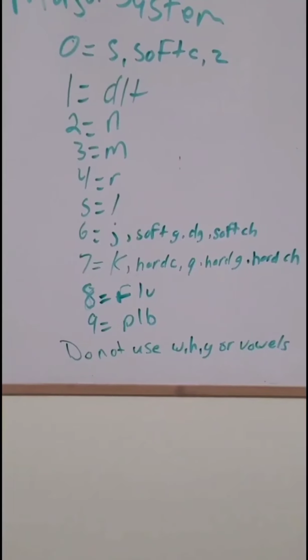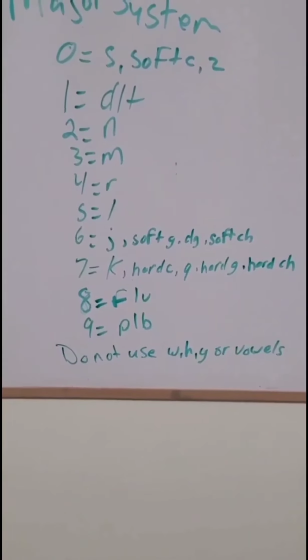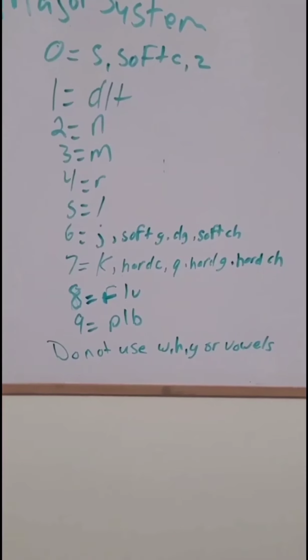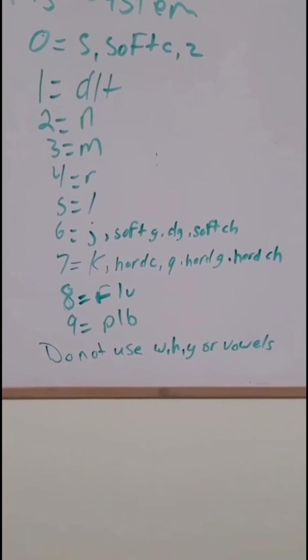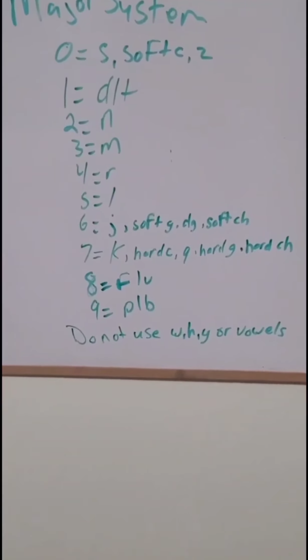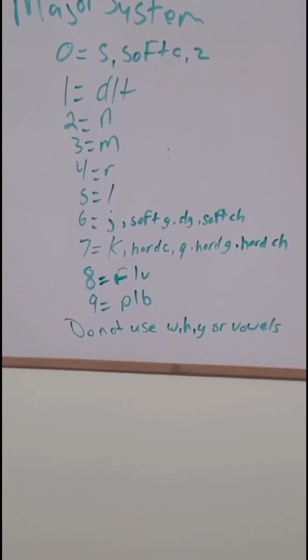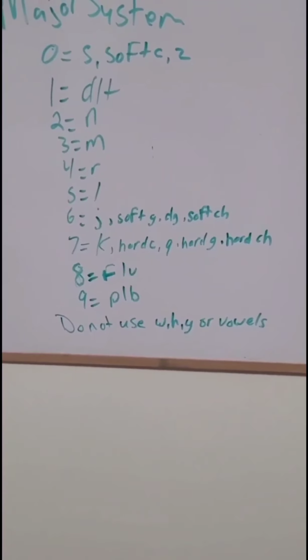For 5, it's an L, because in Roman numerals 50 is an L. For 6, we have a J, a soft G, a DG, or a soft ch sound. 7 is a K, a hard C, a Q, a hard G, or a hard CH.